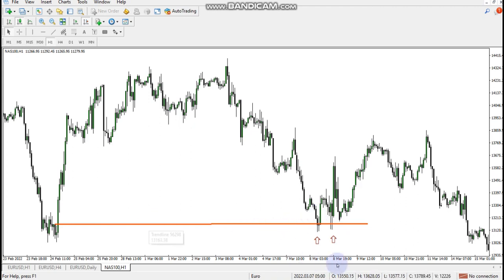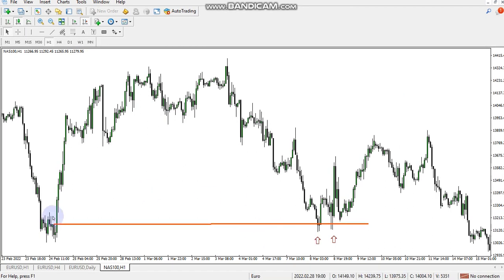ICT order blocks are also accurate. From here to here, they got activated twice, and then from there, price trended away from our ICT order block. So all those trades which were placed here during the ICT order block were won.